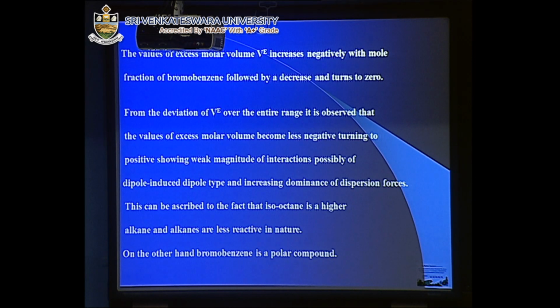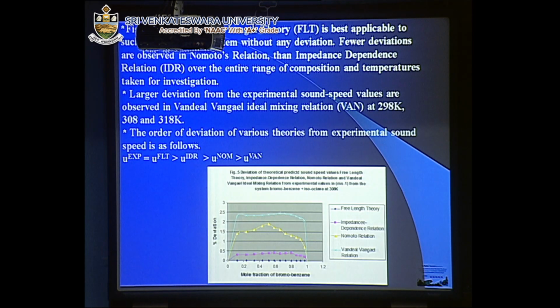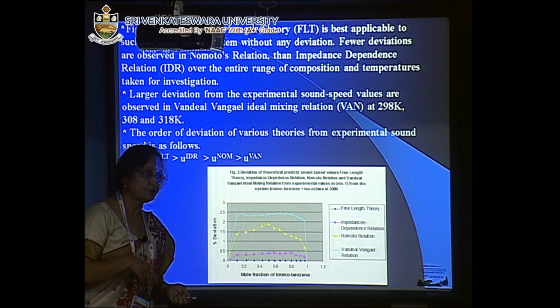Then this is excess volume over the entire range. In this system, it becomes negative. We have already done this. These are the smoothing coefficients which we calculate, and this gives you the accuracy and authenticity of the determinations. Then we have also applied theories, semi-empirical and empirical theories, to determine the sound speed, in addition to the experimental determination of sound speed which we are doing.